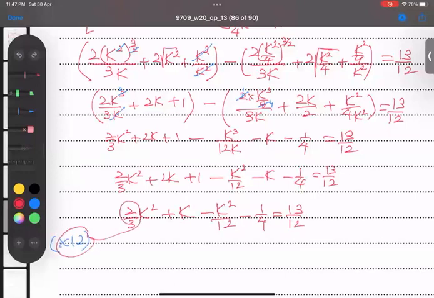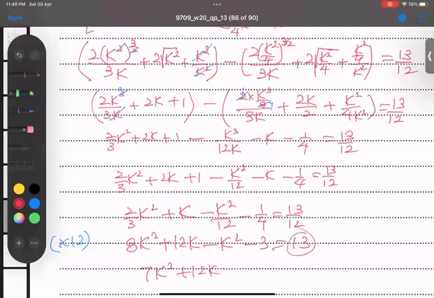So when I multiply 12 with this number, 3 fours are 12, 3 into 4, and that 4 into 2. So I got an 8. Here 12k, 12 and 12 cancel out, negative k square, 4 threes are 12, I get 3, 12, 12 cancel out, only 13. Now 8 and this 1 will cancel out, we get 7k square plus 12k, and then this goes this way, I get negative 16.